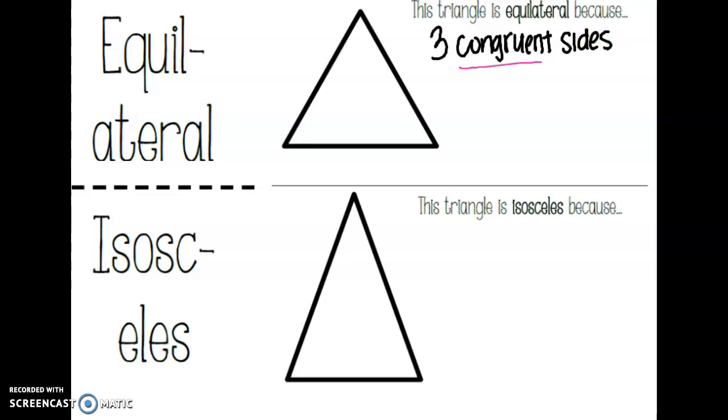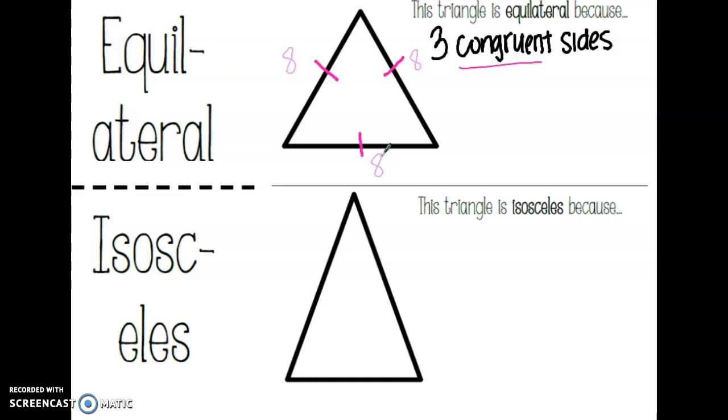They have to be congruent, so we would denote that with our congruency marks. So for example, if we were to say that this left side here measured 8, then both of these would also have to measure 8 because they all have congruent sides.